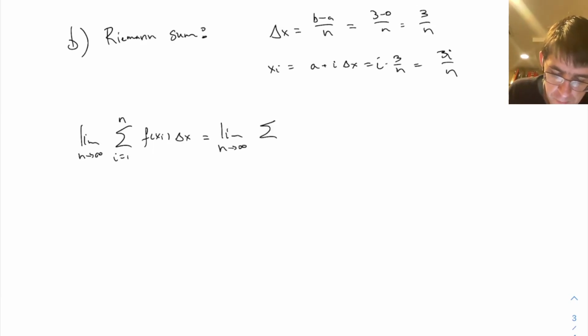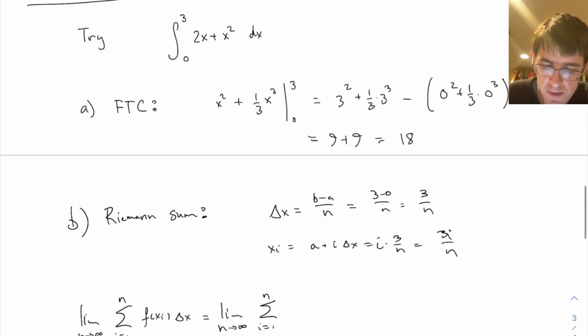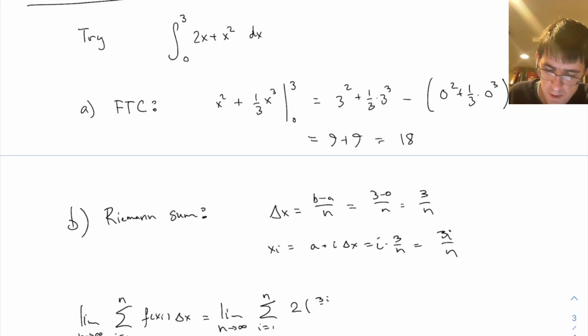The sum from i equals 1 to n. All right, f of xi is this function here. Don't do the antiderivative or anything. You just use this function exactly as it is: 2x plus x squared. And I have to plug in xi, which is 3i over n. So it's going to say 2 times 3i over n plus 3i over n squared.